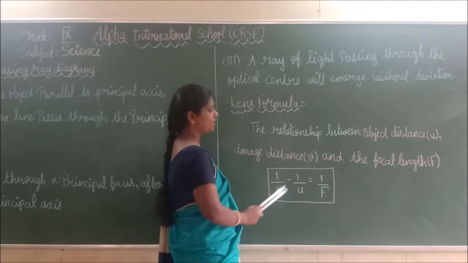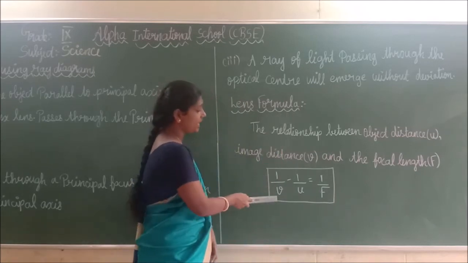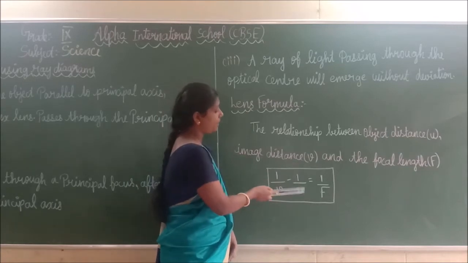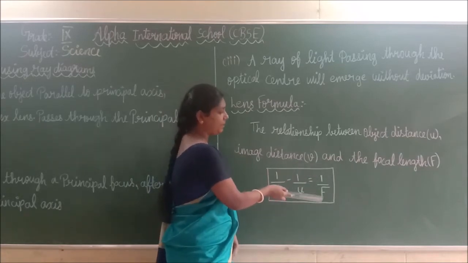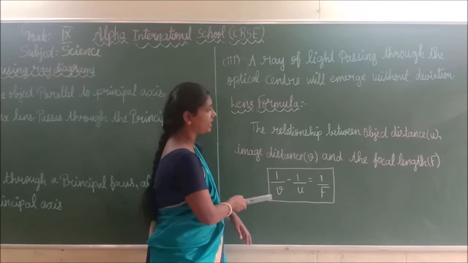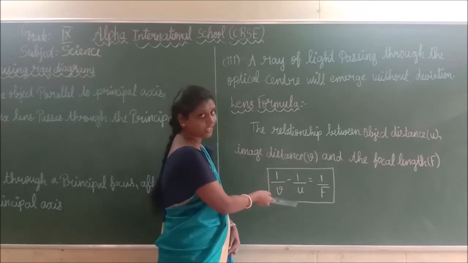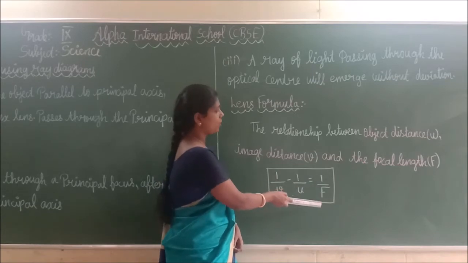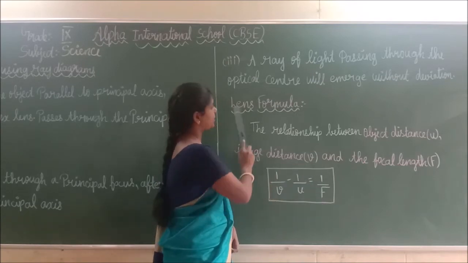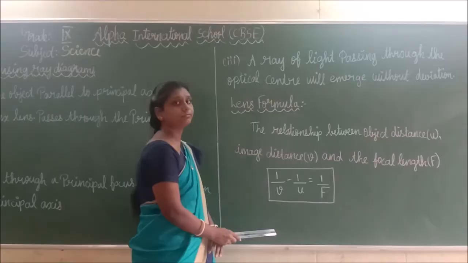Do you understand? What is the lens formula? 1/v minus 1/u is equal to 1/f. Here v means image distance and u means object distance, and f is the focal length. Do you understand what the lens formula is, students?